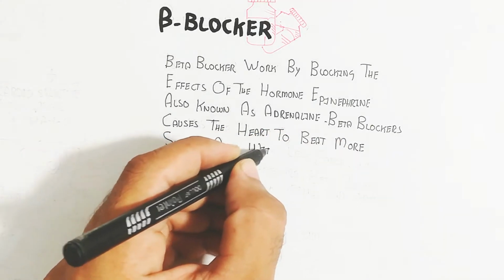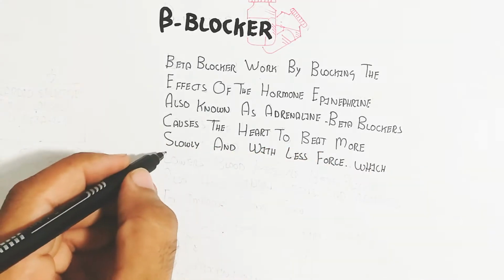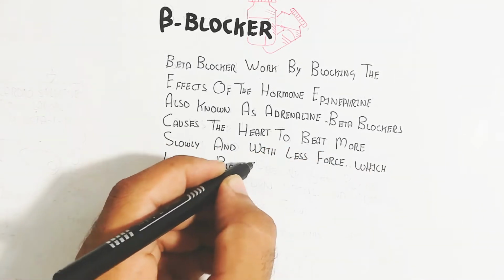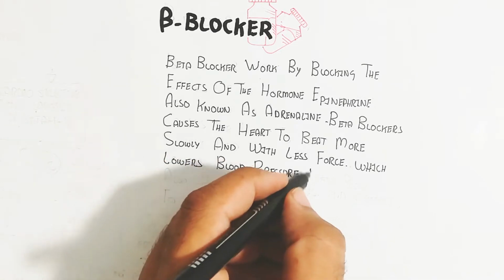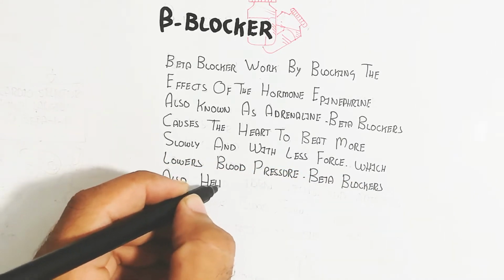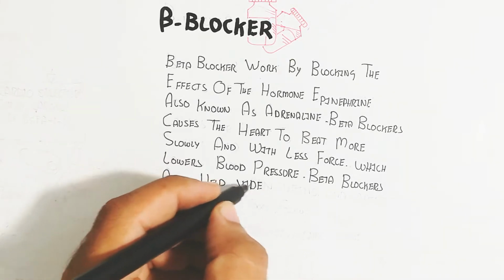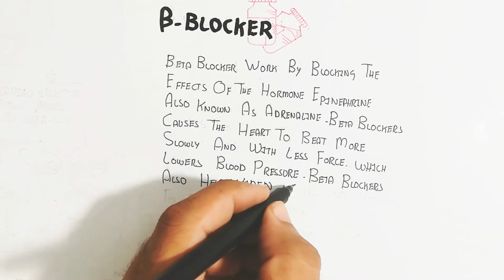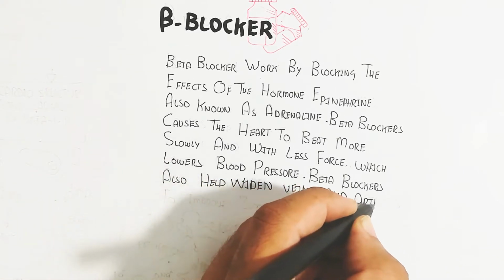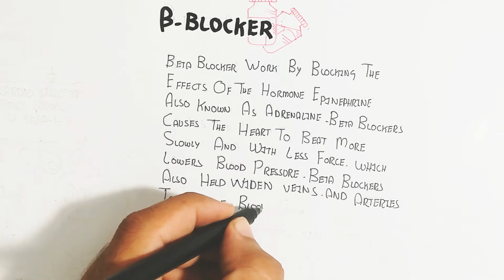Beta blockers also help widen the veins, which means vasodilation, and the arteries to improve blood flow. In this way the blood pressure decreases, because the widening of the arteries lowers the high blood pressure.